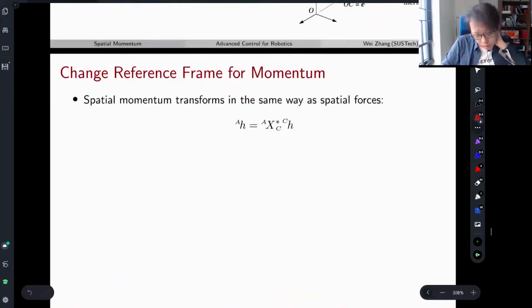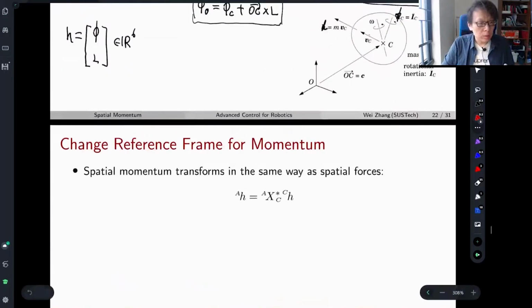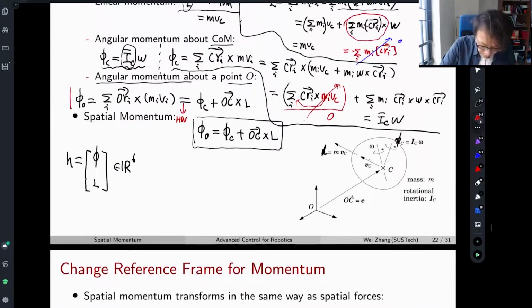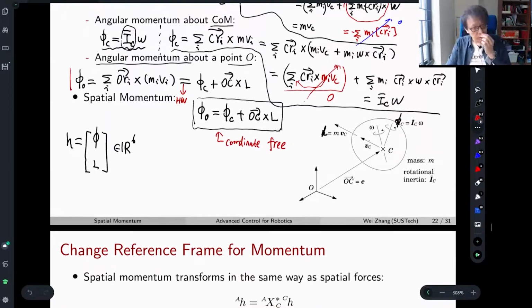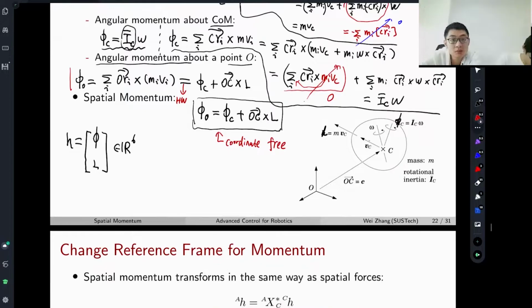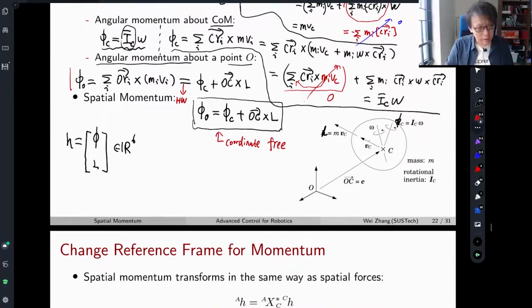Now let's think about how to represent this. The formula I gave is almost coordinate free. I didn't say which coordinates I use to express those vectors. All I care about is a reference point, just like when we define twist: the reference point you want to express all the other particles' velocities as velocities of that point.